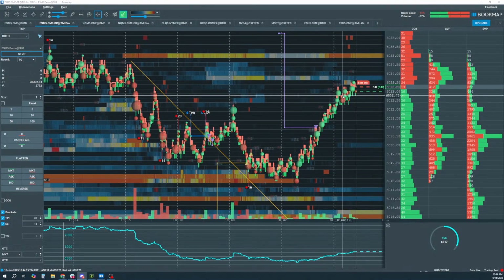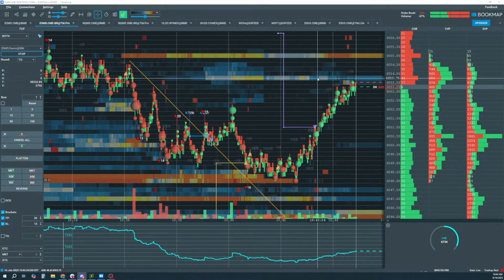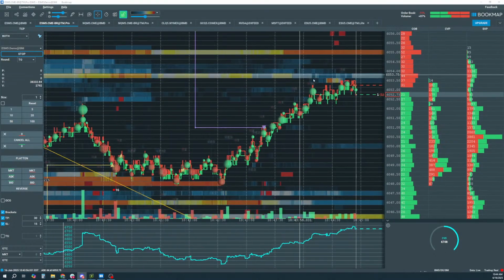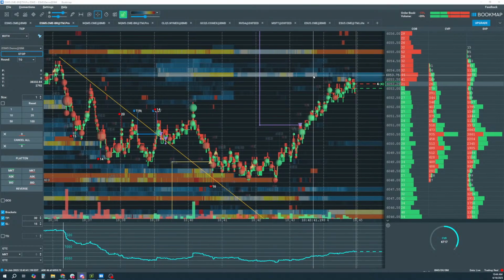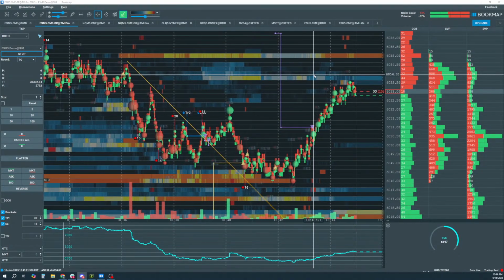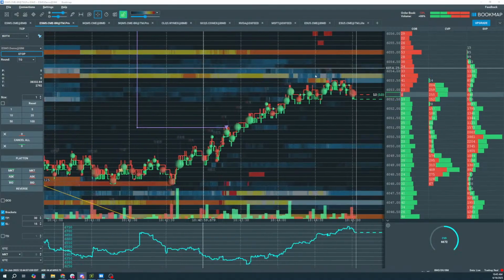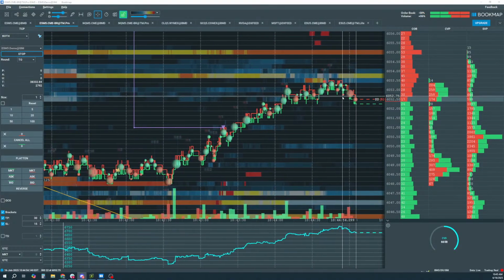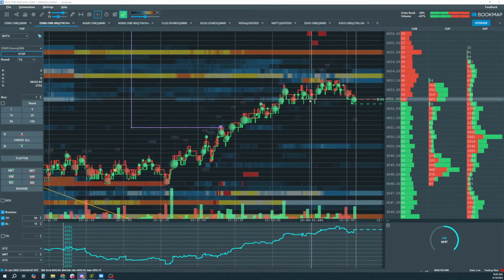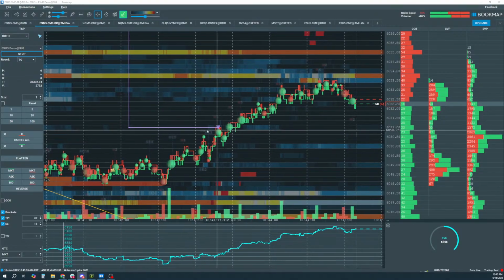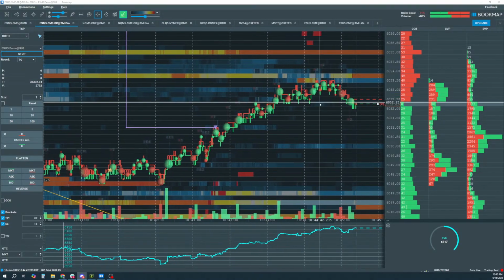It itself is more of a trade management tool, I think, than anything else. Okay, unless you're a scalper. You scalpers, my God, you can do this all day long. You can basically be playing along with market makers.